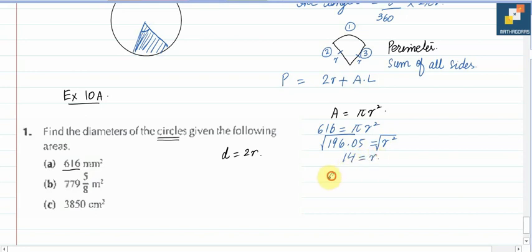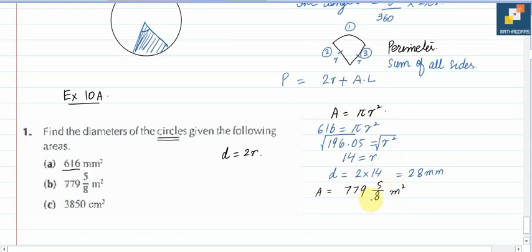You need to find the diameter, so you need to multiply your radius by 2. So it's 28 and the unit is the same, that is millimeter, right? That is your first part answer. For the second part, area is 779 whole 5 upon 8 meter square.